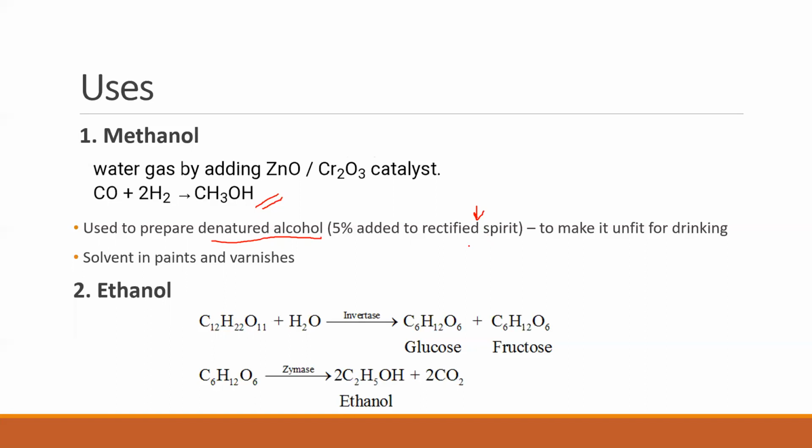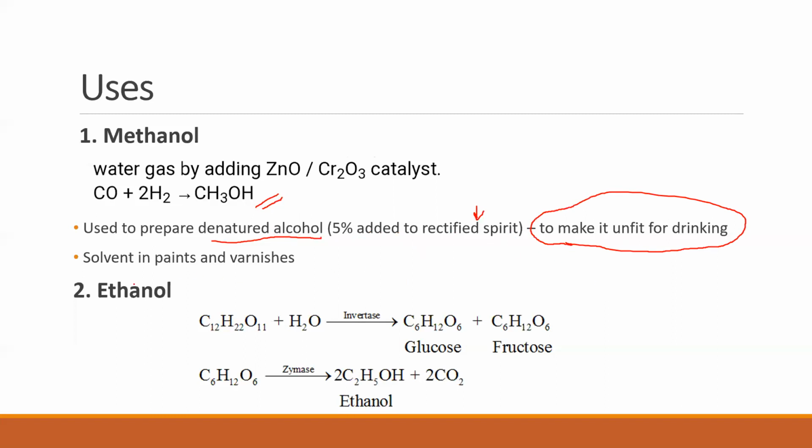To rectified spirit, 5% of methanol is added. That alcohol is called denatured alcohol. Now, why is it done? It is done in order to make it unfit for drinking.